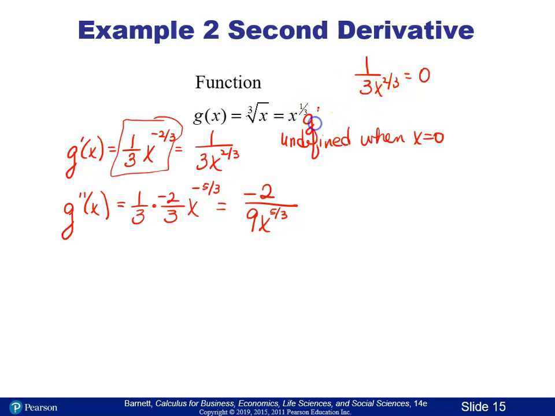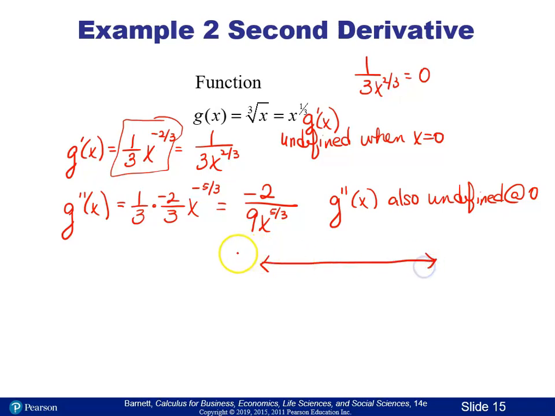So the first derivative is undefined when x equals 0. The second derivative is also undefined at 0. So 0 again would be a critical number for the first derivative and also for the second derivative.